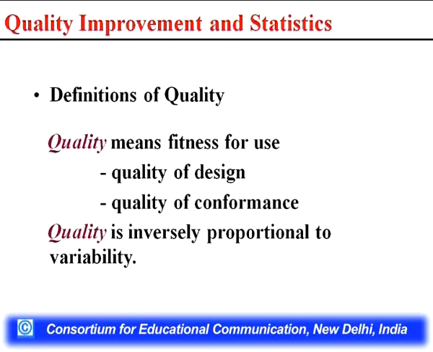Quality is inversely proportional to variability. Soon we shall be discussing the meaning of variability also, the variations which are there from product to product, and we shall be discussing how to control the variations.